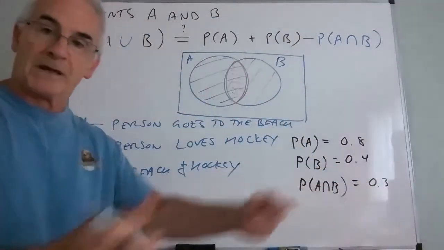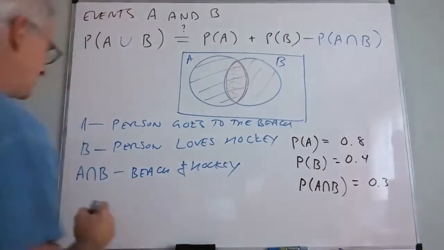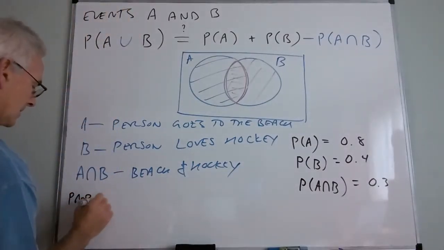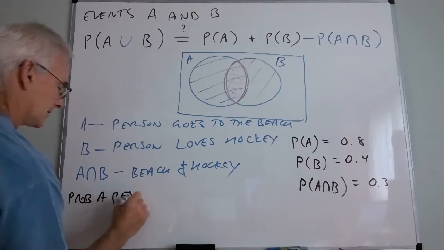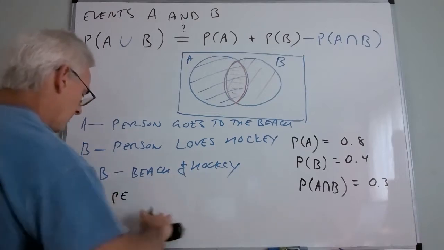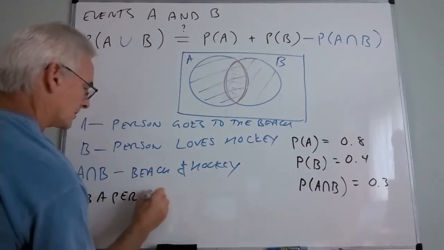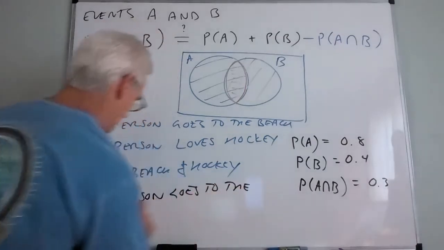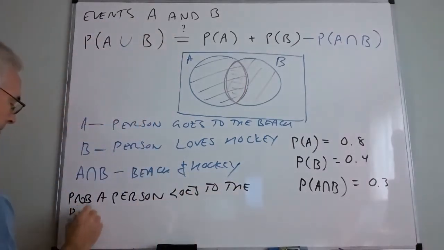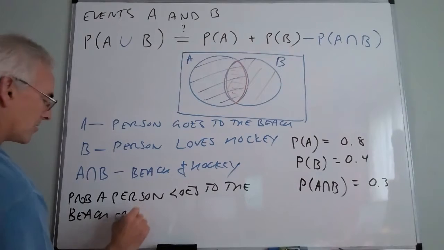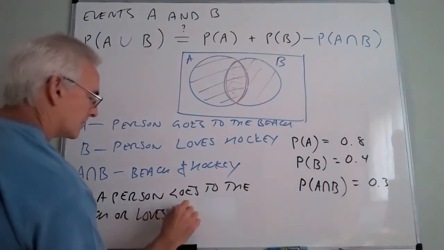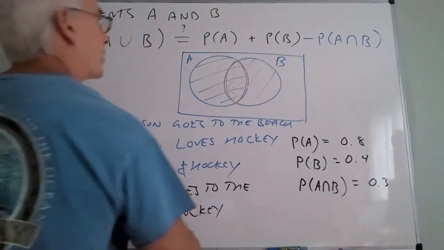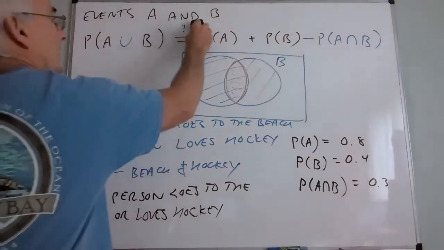These are things that were measured, given to us. So my question is, what's the probability a person goes to the beach or loves hockey?